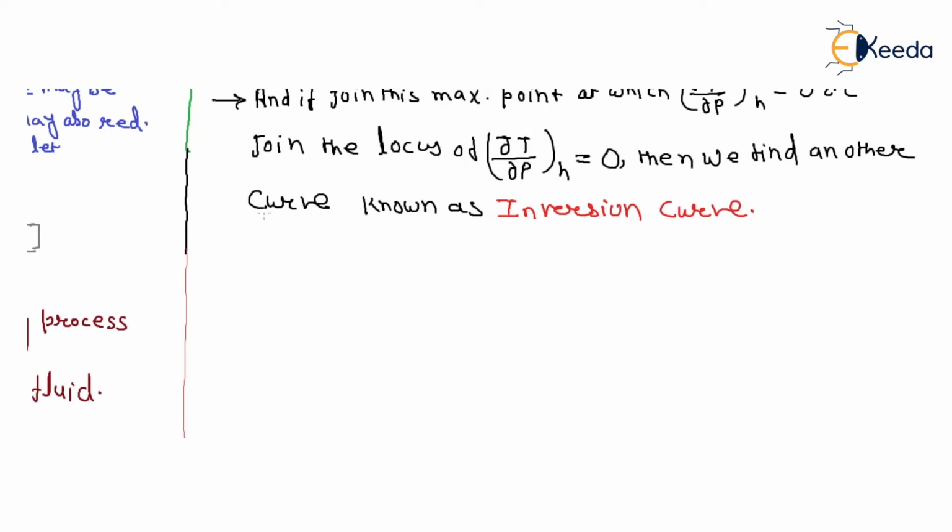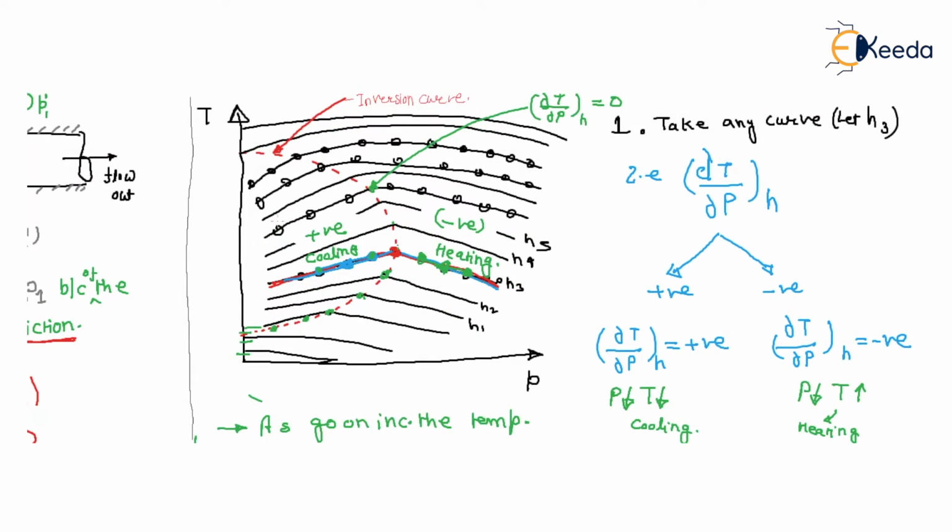Next, this inversion curve cuts the temperature axis at 2 points. That means a maximum inversion temperature and a minimum inversion temperature.